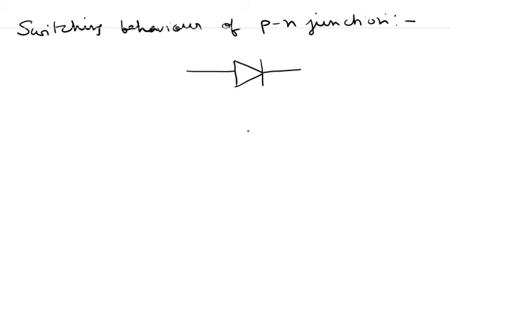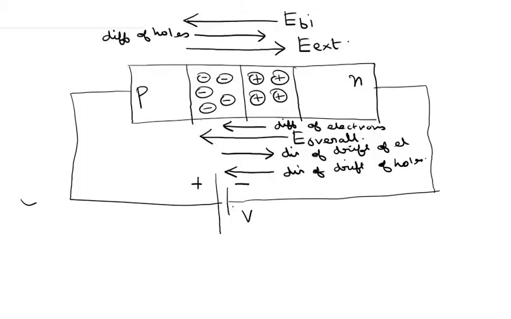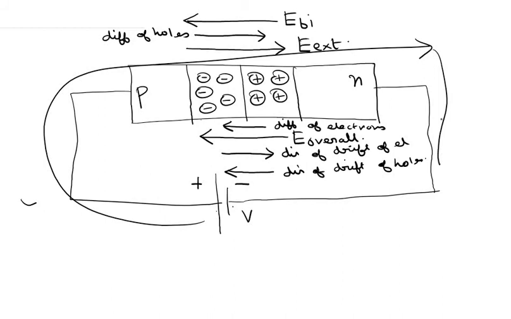If you don't remember it, let me show you the forward bias situation briefly. This is the forward bias situation of a diode where the voltage is applied with the positive terminal connected to the P side and the negative terminal connected to the N side, and the current would flow in this direction. So the current is flowing from the P side to the N side.